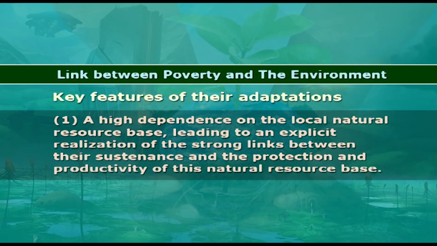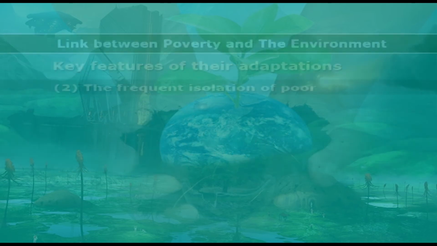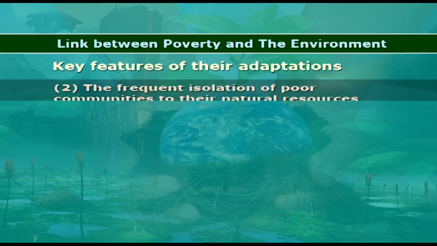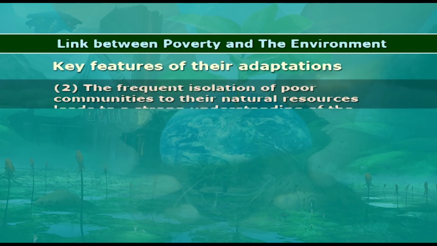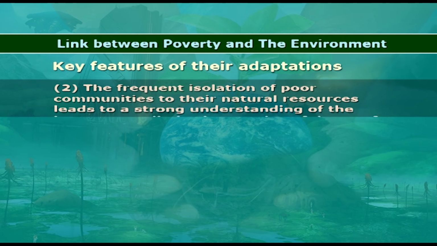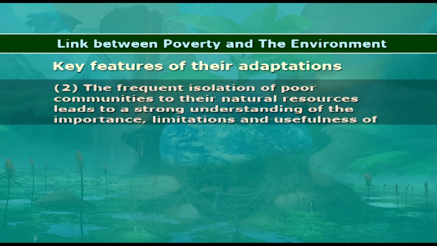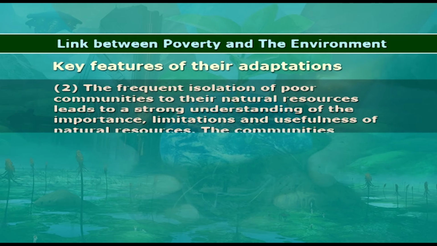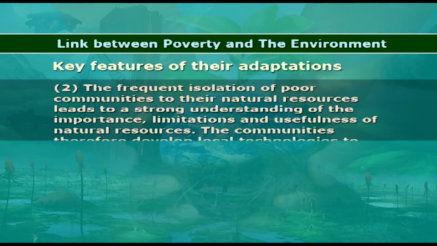The key features of their adaptations were: number 1, a high dependence on the local natural resource base, leading to an explicit realization of the strong links between their sustenance and the protection and productivity of this natural resource base. Number 2, the frequent isolation of poor communities with their natural resources leads to a strong understanding of the importance, limitations and usefulness of natural resources.